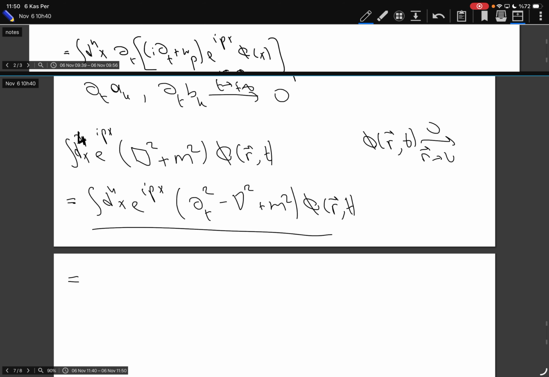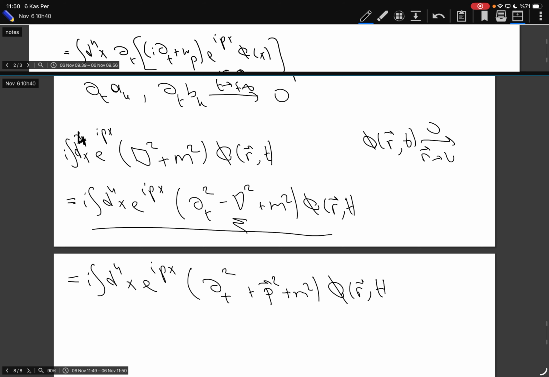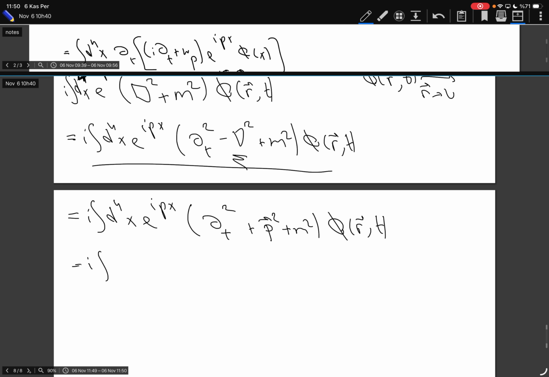I can get rid of this Laplacian by integrating by parts, which will give me the integral d^4x e^{ipx} times (del_t squared plus p squared plus m squared) phi, which is d^4x e^{ipx} times (del_t squared plus omega_p squared) phi.